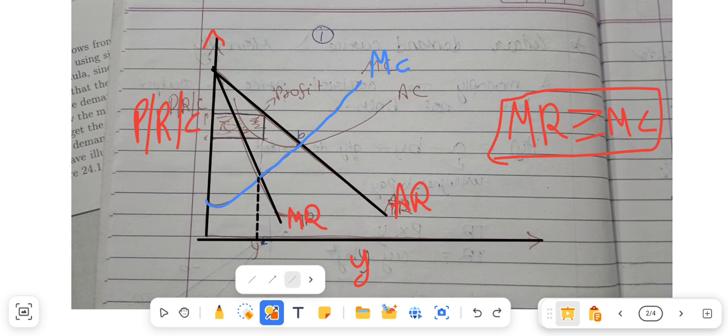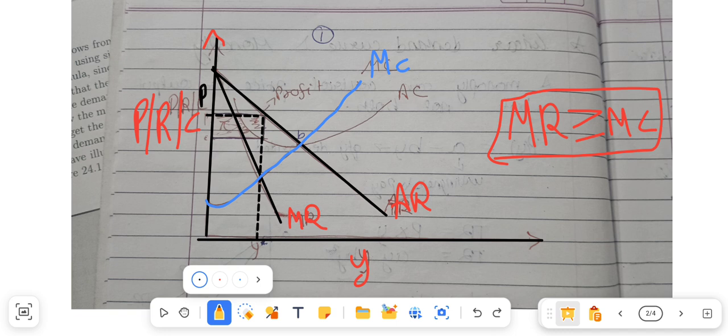So here we get the equilibrium output at MR equals MC, and if we extend this further until it touches the AR curve, we get the equilibrium price. So this is the price.